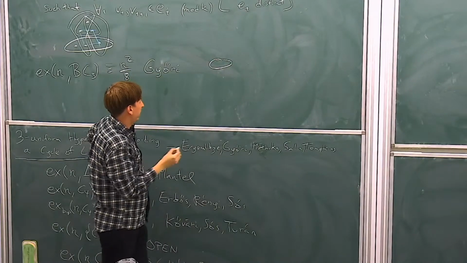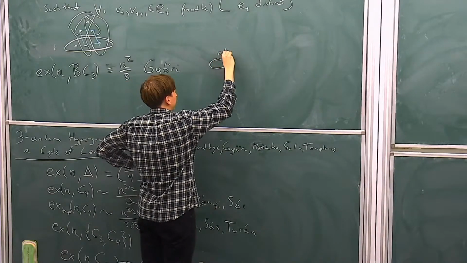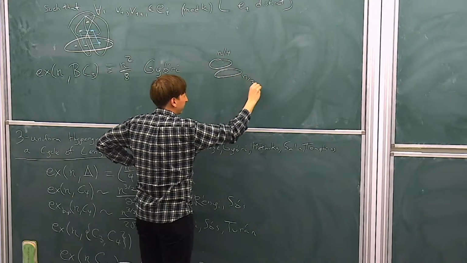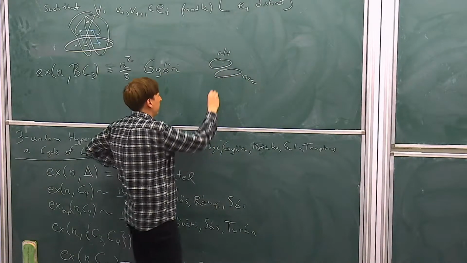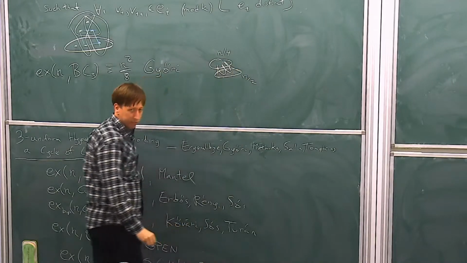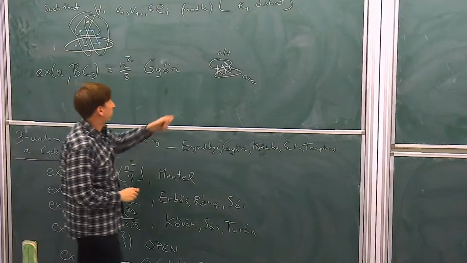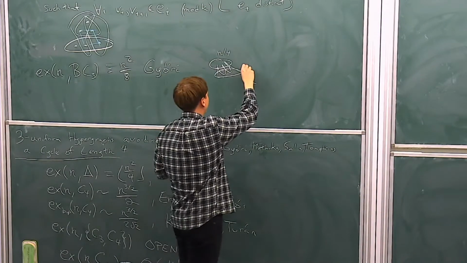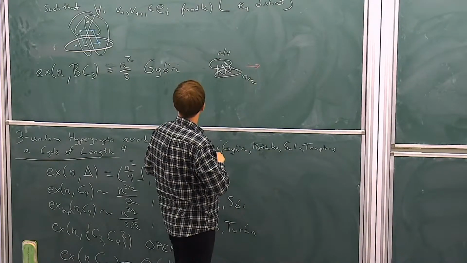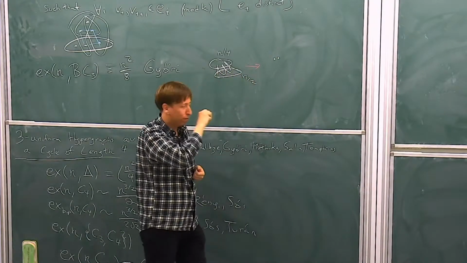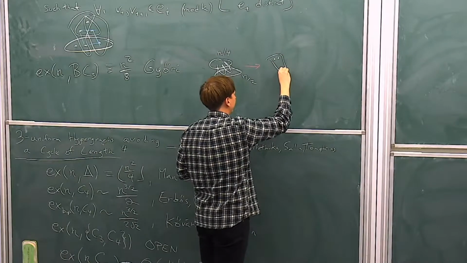I take a graph with n over 4 vertices on one side and n over 2 vertices on the other side. And I totally connect it, so it's a complete bipartite graph. And then I take all the vertices on one side and I double it, so that each thing that was an edge before becomes a triangle now.